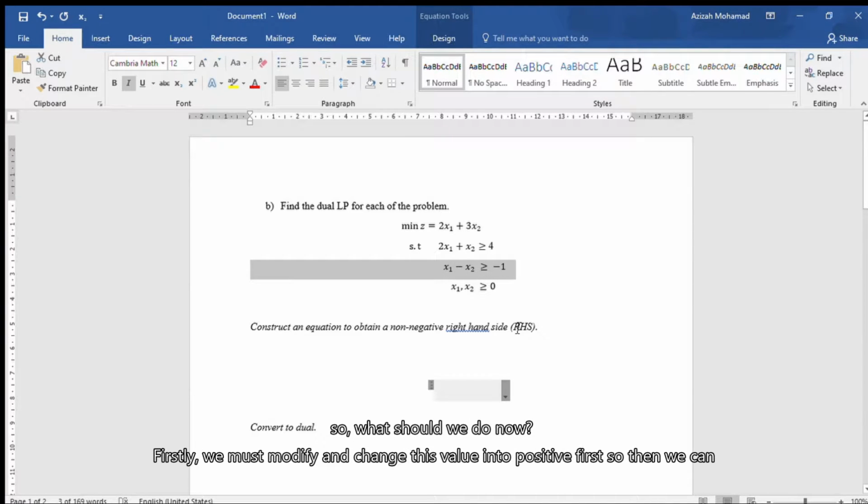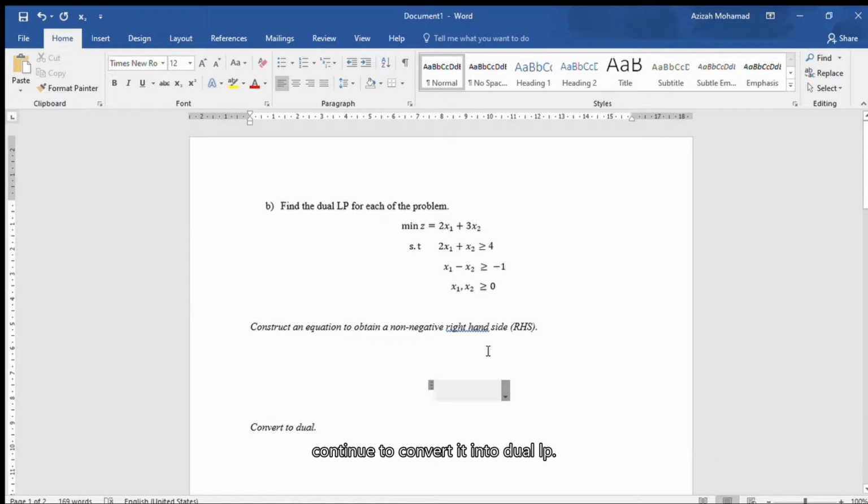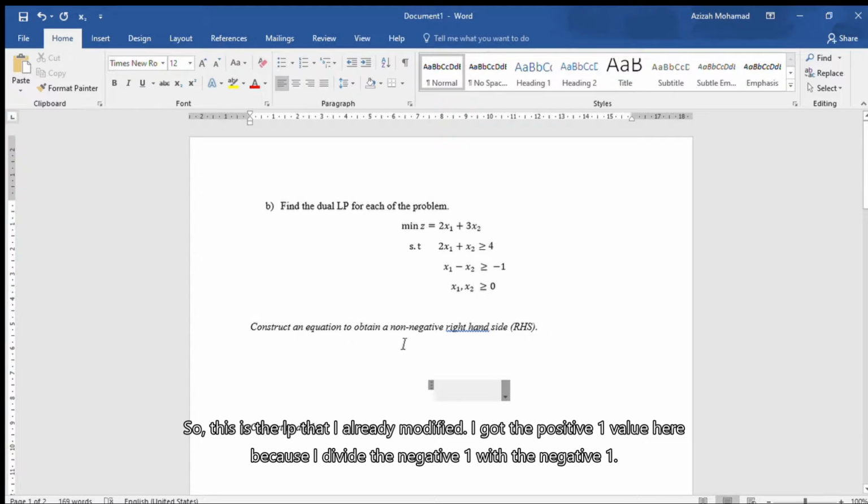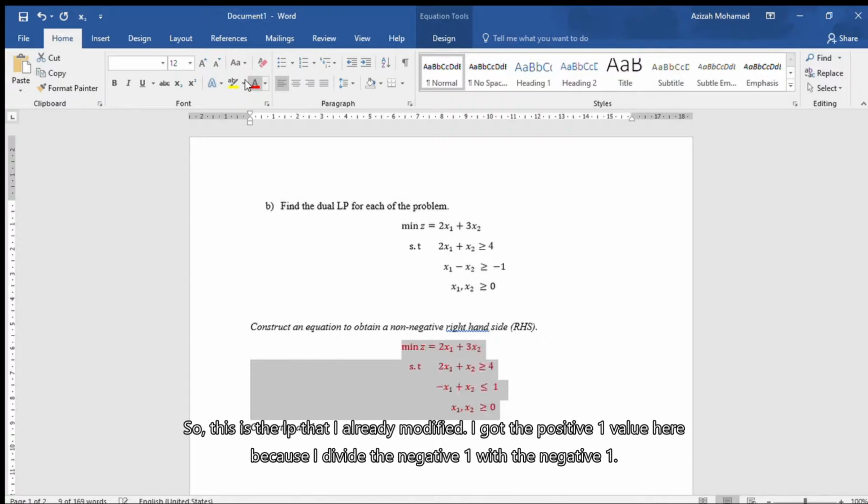So, what should we do now? Firstly, we must modify and change this value into positive, so then we can continue to convert it into a dual LP. So, this is the LP that I already modified.